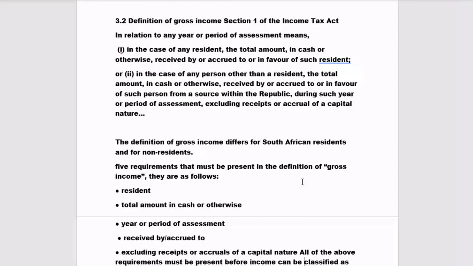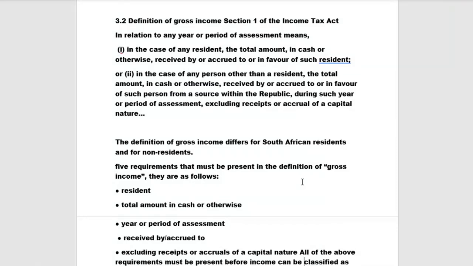In the case of any person that is not a resident, it is the total amount in cash or otherwise received by or accrued to or in favour of such person from a source within the Republic during such period of assessment. Remember, the period of assessment we spoke about is a 12-month period. In accounting we call that the year ended. In tax it is called the period of assessment, which excludes receipts or accruals of a capital nature, which will be discussed later as we go on with our studies.